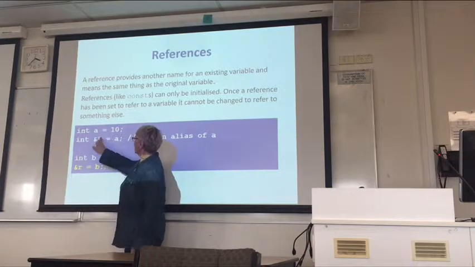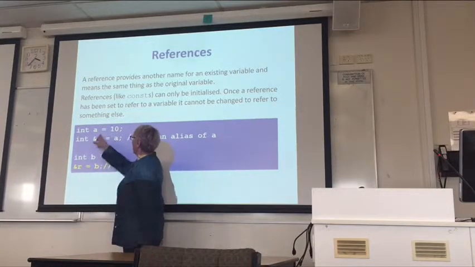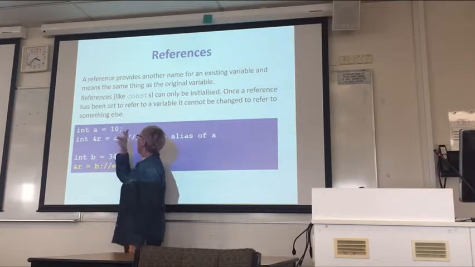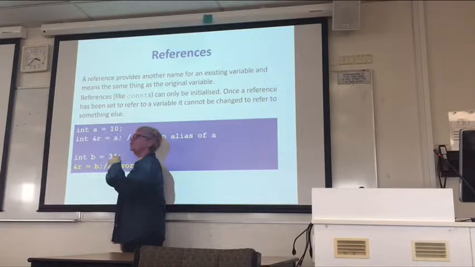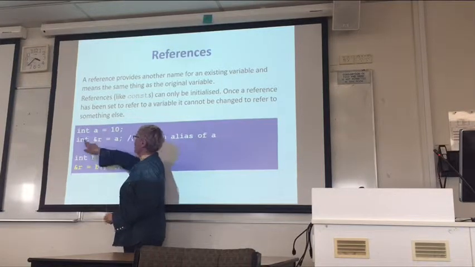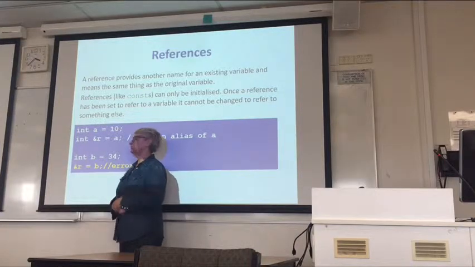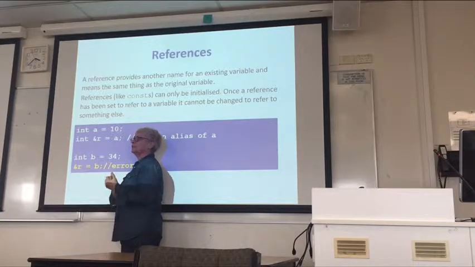But in this case, we say that we have declared an R, a reference variable, which is nothing new. It's just another name for A. And as soon as you declare it like this, you can't change R. It's stuck with A. So it's an alias for an already existing variable.